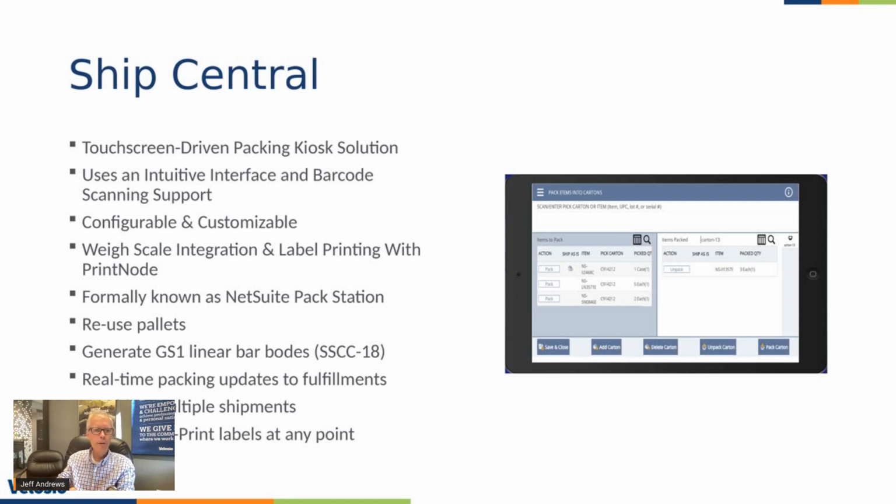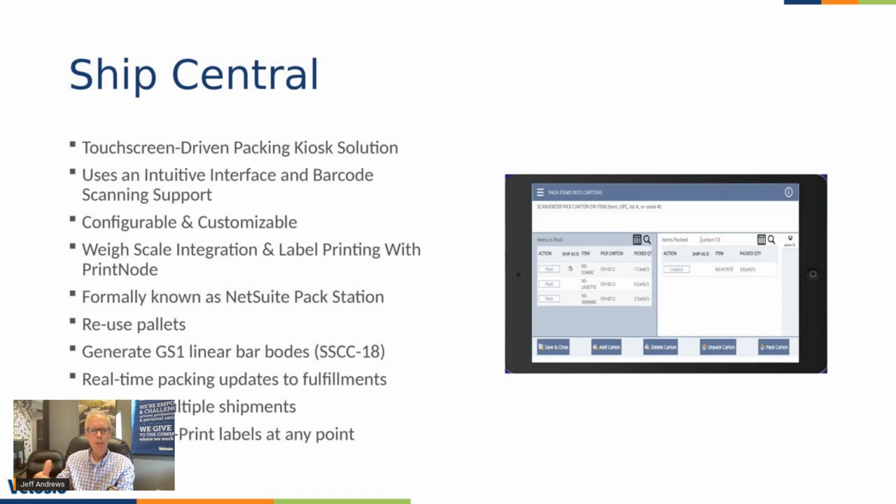But now we have weighing capability. So if you're in your warehouse, you've got a packing station, the ability to have a scale integrated right into this tablet view. Maybe they've got an iPad or maybe a desktop, but even an iPad for simplified use by your warehouse users. If you're shipping something based on weight, you can do reuse of pallets and generate all kinds of labels.